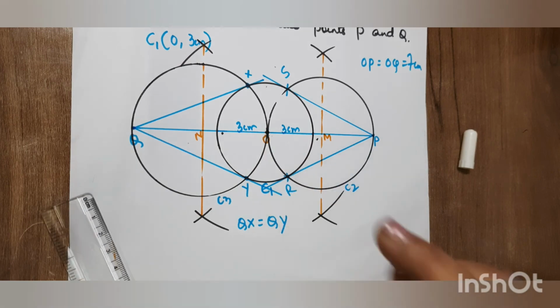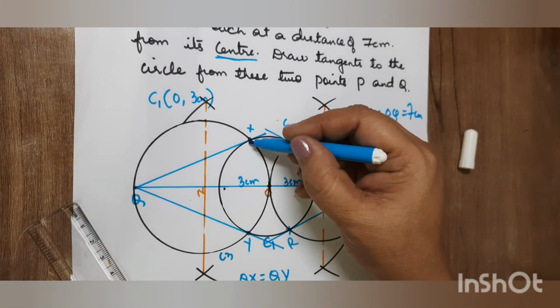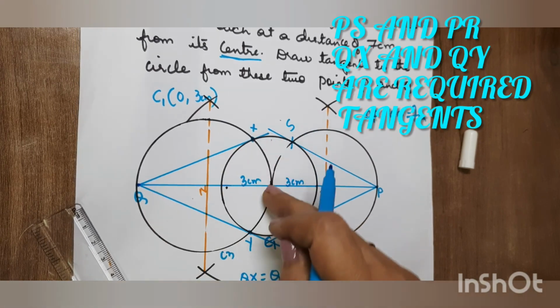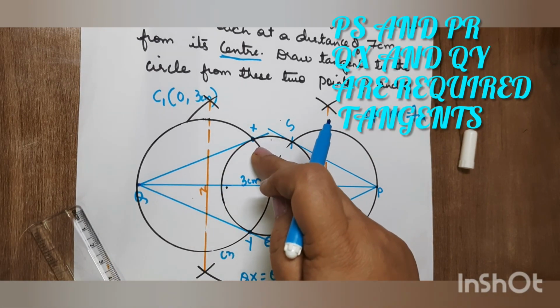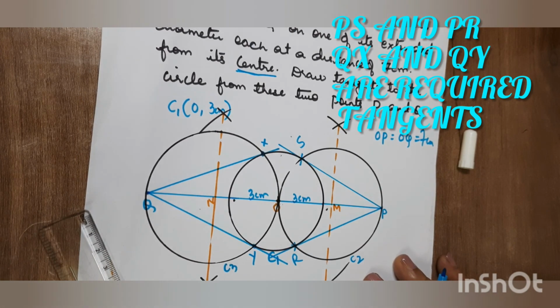QX and QY are the tangents. If you want to verify, you can just join it and take this one as 7 and 3. So you will get your answer. But verify only if it is asked.